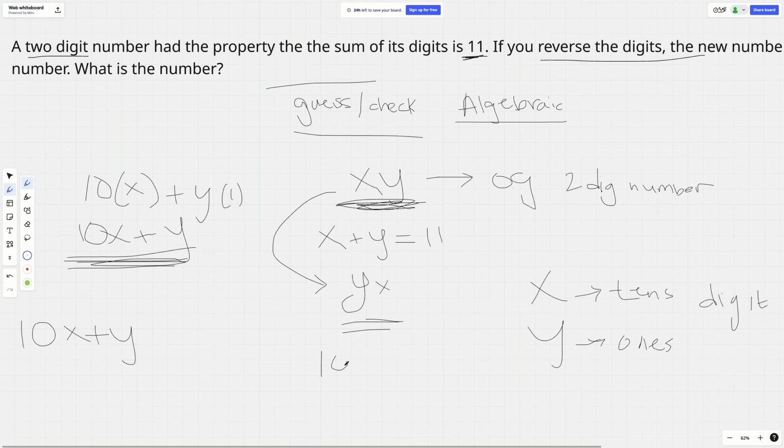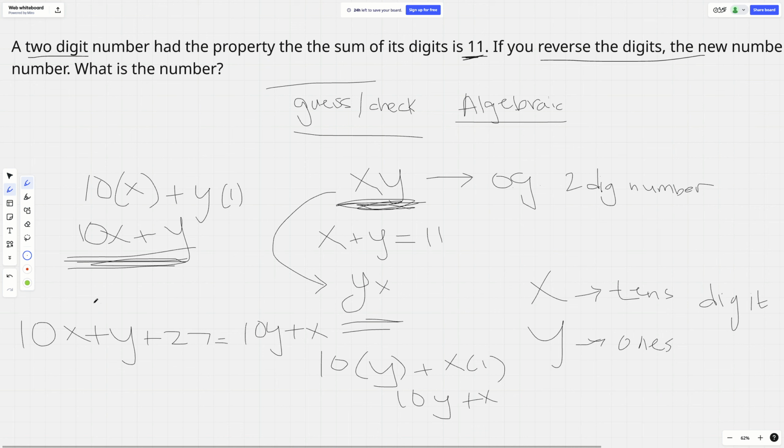Well, it would be 10 times y plus 1 times x, or 10y plus x. Right, so we know that 10x plus y, the actual value numerically of our original two-digit integer, plus that extra 27, would then be equal to the value of our reversed two-digit integer, 10y plus x.